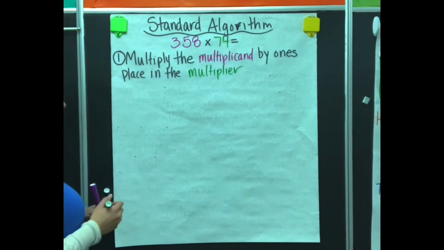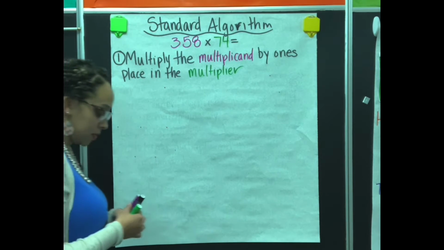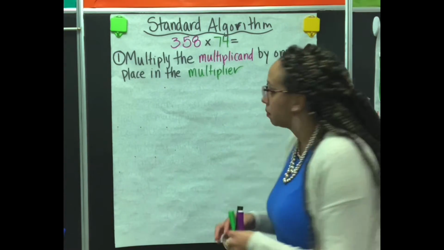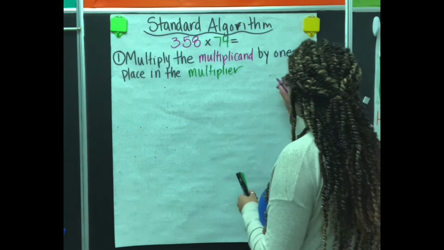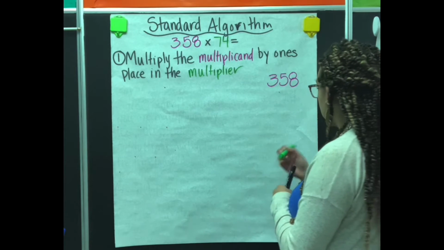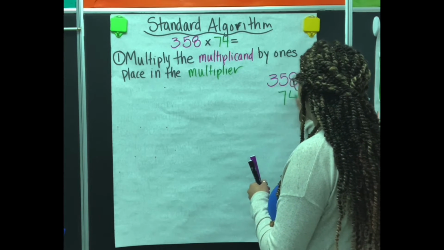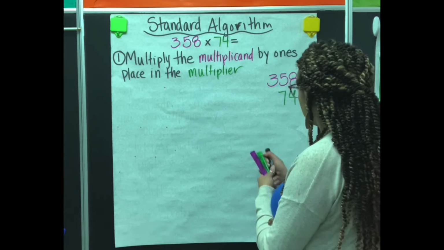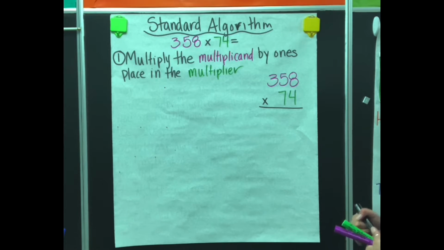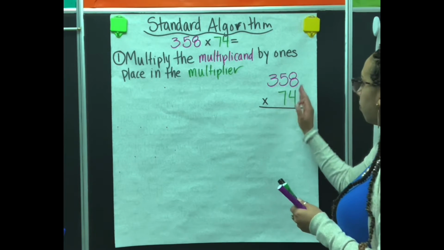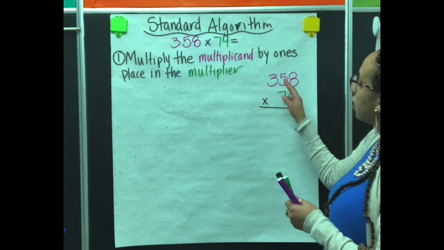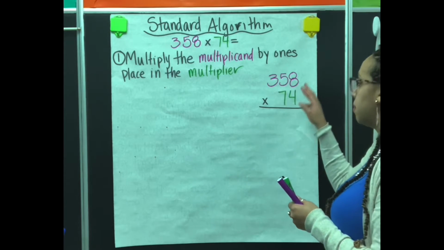Okay, so we multiply the multiplicand by the ones place in the multiplier. Well, when we do this problem, we set it up just like we did partial products. So we line them up just like that. And we multiply the ones place by the 8 and then by the 5 and then by the 3.